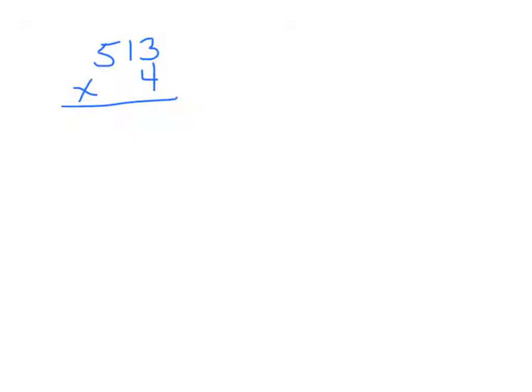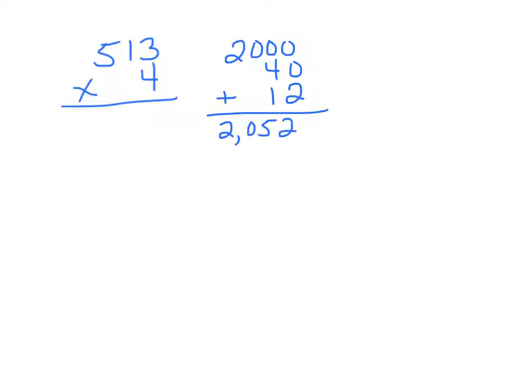If I have 513 times 4, I know that 500 times 4 is equal to 2000. I know that 10 times 4 is equal to 40. I know 3 times 4 is equal to 12. And quickly in my head, I can add together that 2000 plus 40 plus 12 to get that 2052.